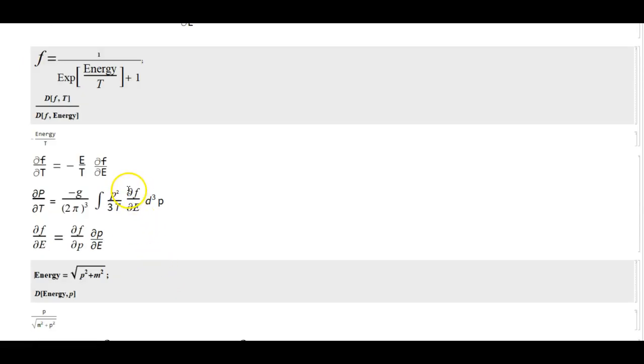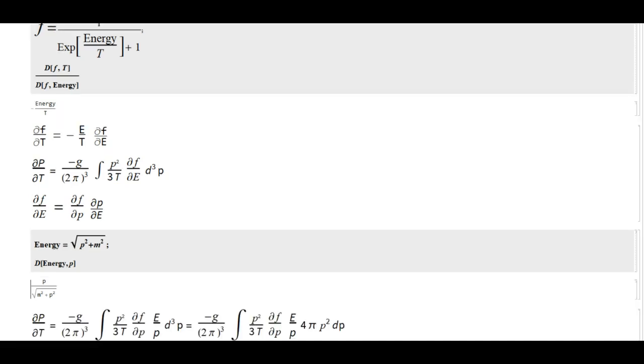Now this df/dE I write as df/dp multiplied by dp/dE. And what is df/dp? So I have df/dp and dp/dE. So what is dp/dE? This is the expression for energy, so the partial derivative of energy with respect to p is this.